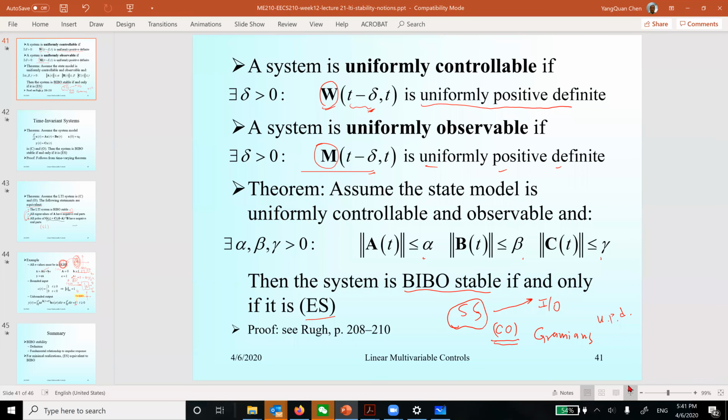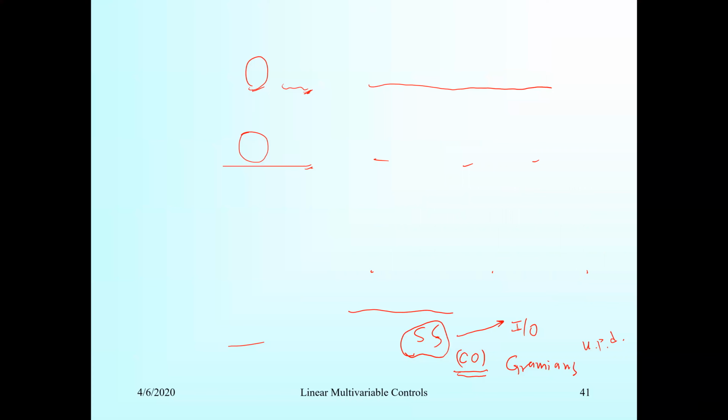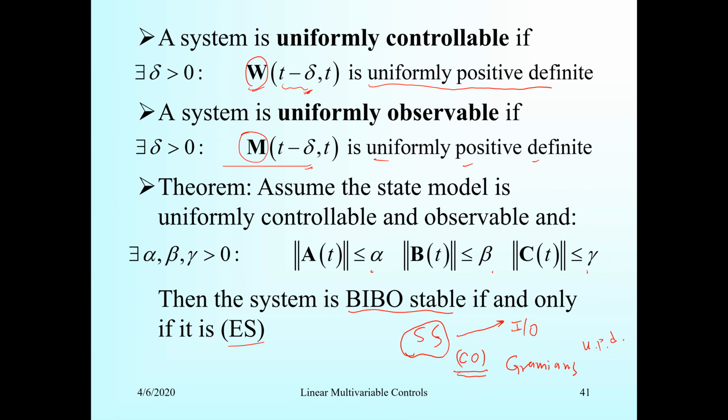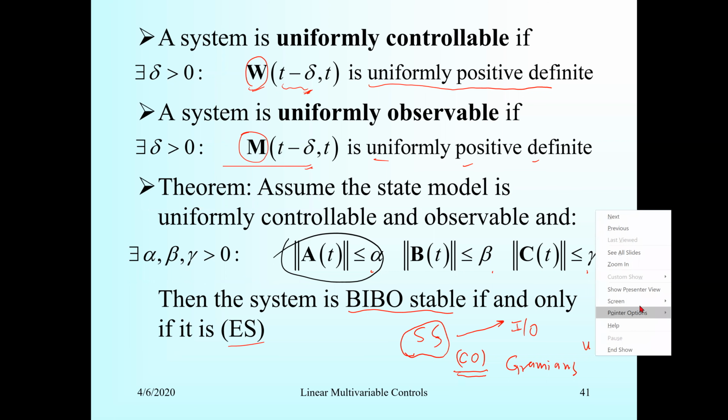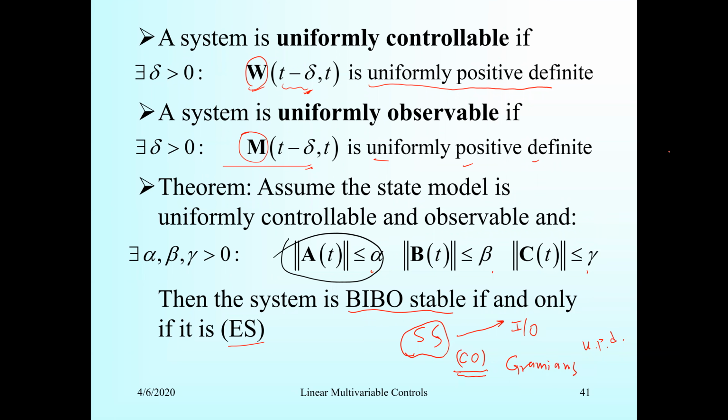Do you understand? Because they want this thing to be bounded. I don't like it. There must be some nicer results out there.